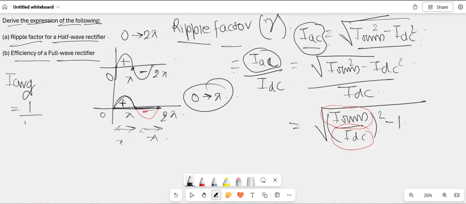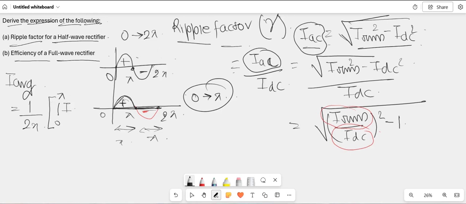So the total time period will be 1 by 2 pi. But we will only do the integration to find the value of current from either 0 to pi or from pi to 2 pi. I am considering here that we are getting the positive half cycle in the half-wave rectified output and we won't get the negative half cycle. So to perform the calculation, I am considering the time period from 0 to pi.